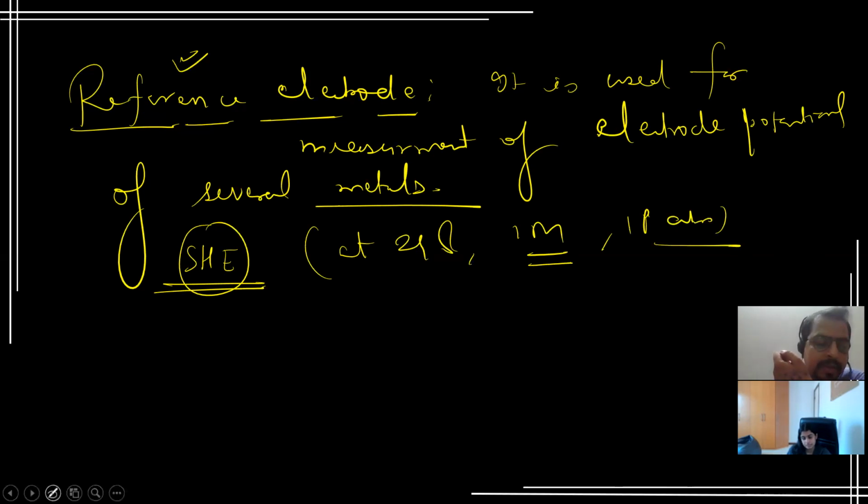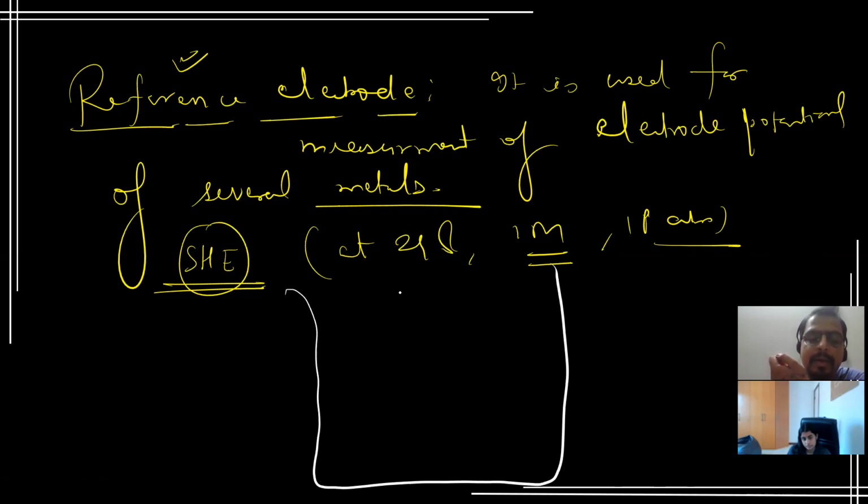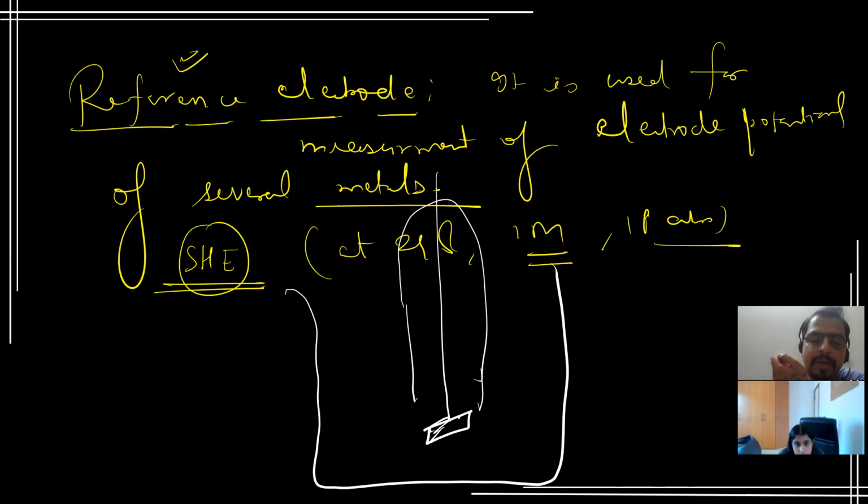So I'll explain the things. This is the last topic of the class. Suppose I have a beaker, and I put a glass rod. In this glass rod, I have put an inert electrode called platinum.